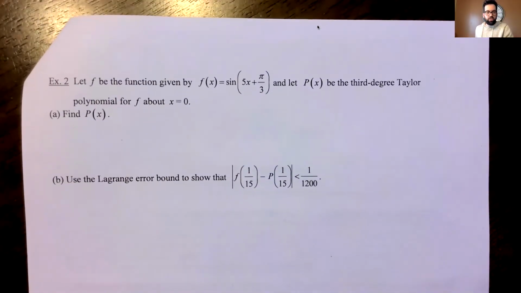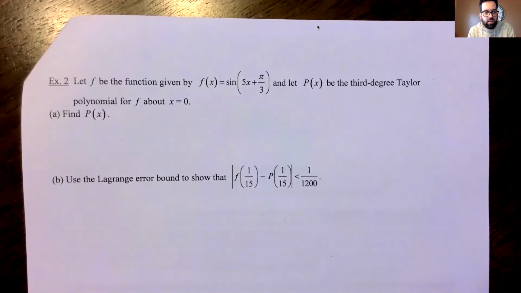Let f be the function given by f of x equals sine of 5x plus pi over 3, and let p of x be the third degree Taylor polynomial for f about x equals 0. Find p of x. All right, we weren't given very much information this time, so we've got to construct this from scratch here.